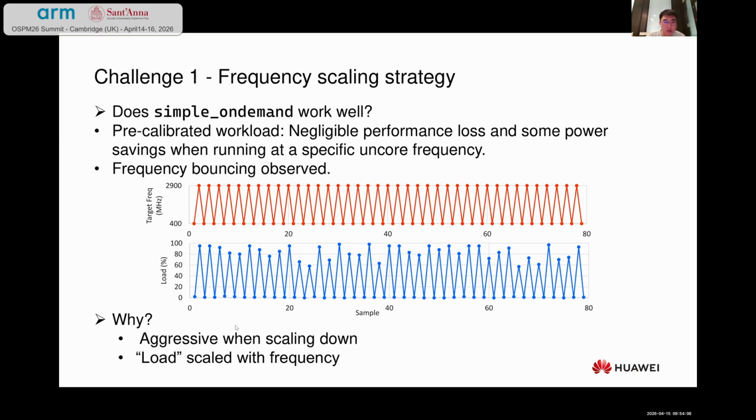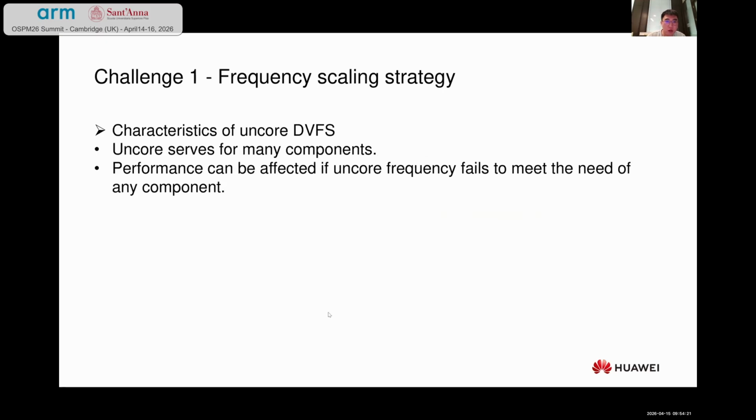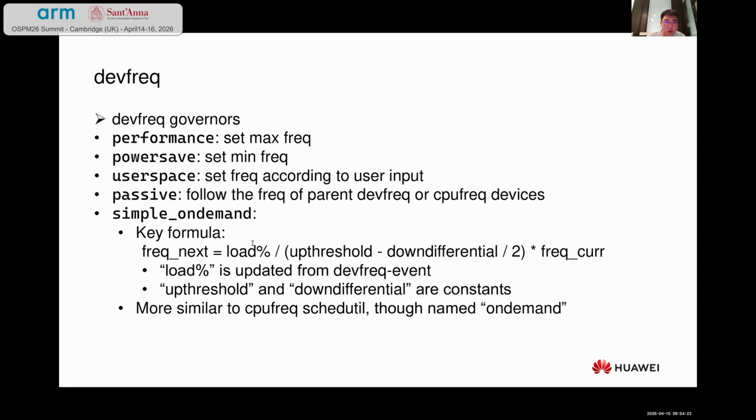What we can see is the simple on-demand governor is too aggressive when scaling down the frequency. Just to jog the memory: when the percentage of load is too low, for example 0, this formula will scale down the target frequency to the minimum, and when it's very high, you will scale up multiple times.